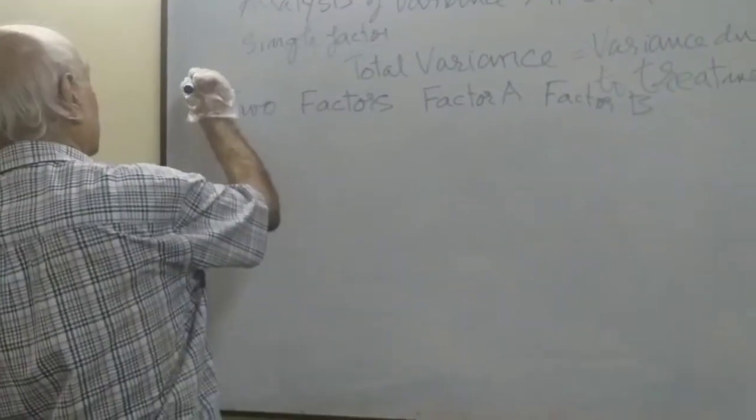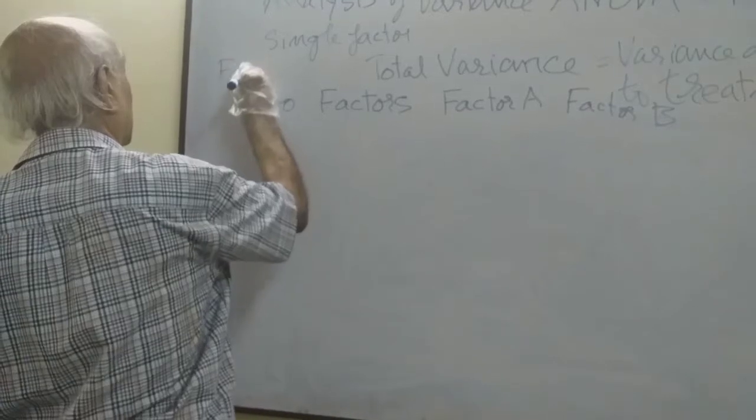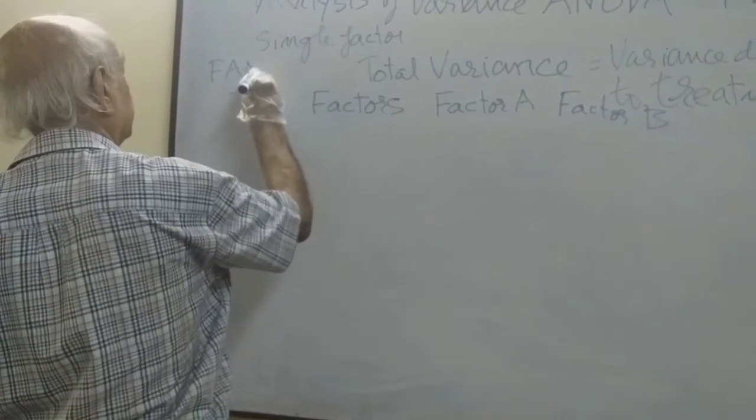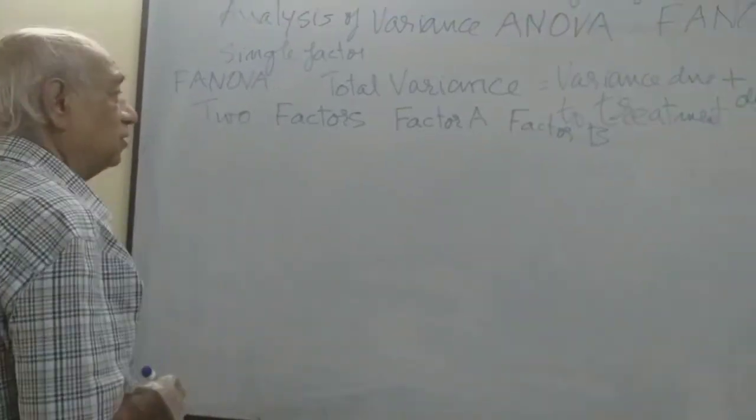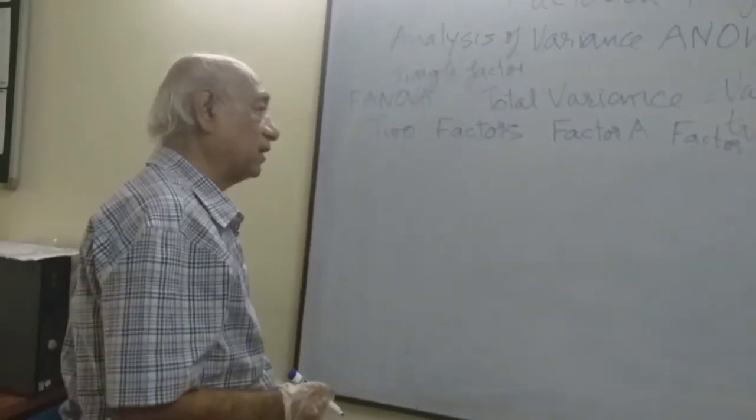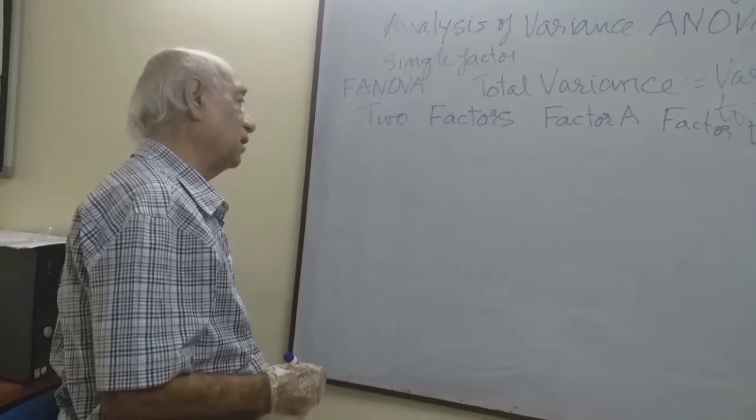Now I am explaining FANOVA, factorial analysis of variance. That should have at least two different factors, for example, factor A and factor B.